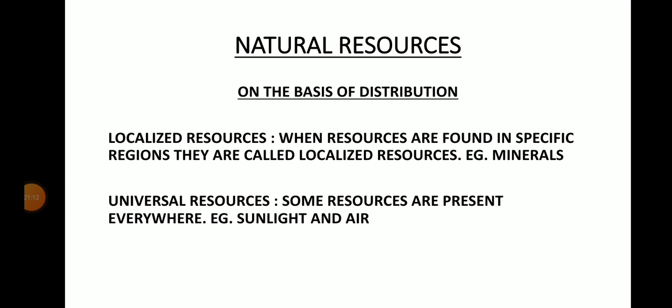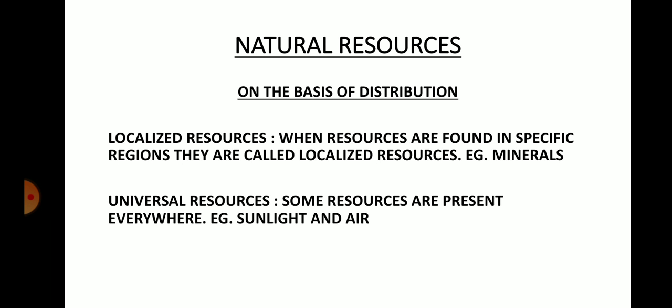So what are localized resources? When resources are found in specific regions, they are called localized resources. These type of resources are available only in particular places, not everywhere. See, sunlight is available everywhere. Water is available everywhere, isn't it?